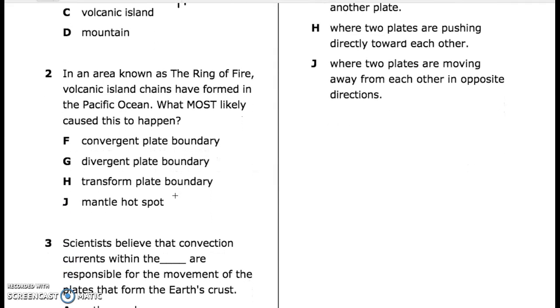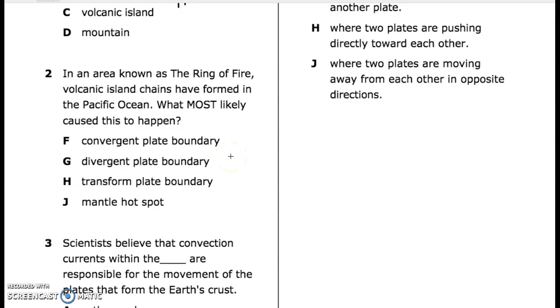Okay, number 2. In an area known as the Ring of Fire, volcanic island chains have formed in the Pacific Ocean. What most likely caused this to happen? So if you'll remember the Ring of Fire, it's surrounding the Pacific Plate.